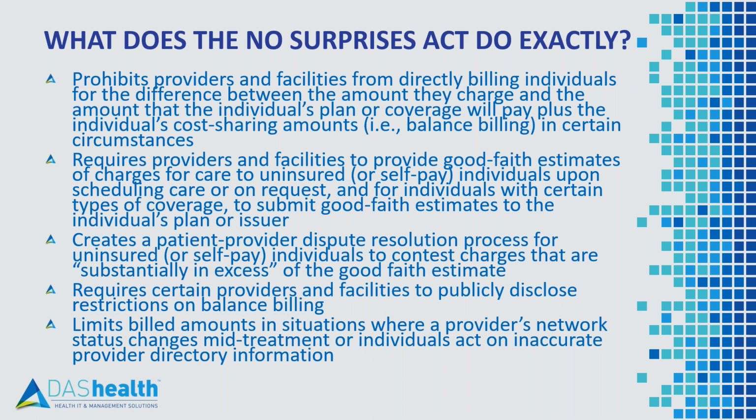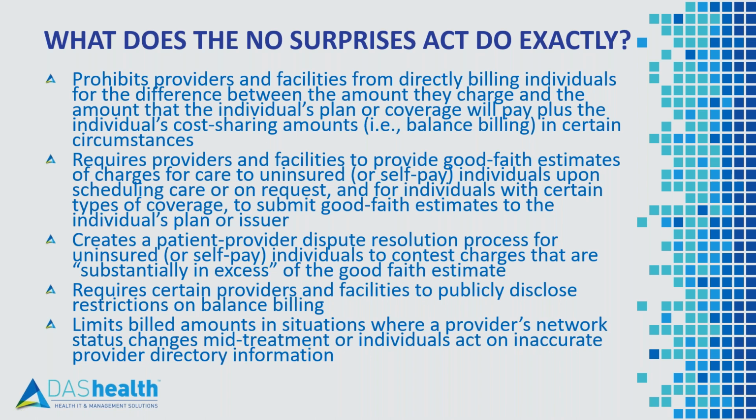It requires providers and facilities to provide good faith estimates of charges for care to uninsured or self-pay individuals upon scheduling care or on request, and for individuals with certain types of coverage to submit good faith estimates to that individual's plan or issuer. It creates a patient-provider dispute resolution process for those uninsured individuals to contest charges that are substantially in excess of the good faith estimate.